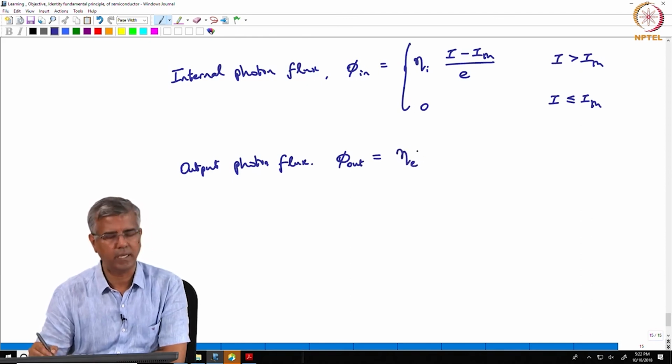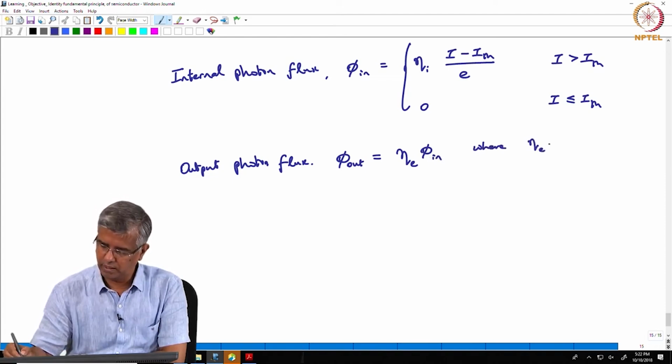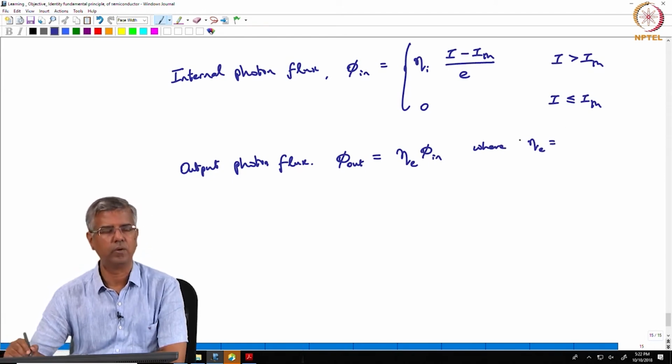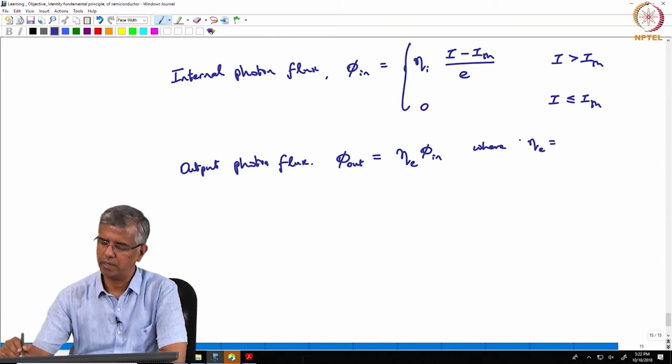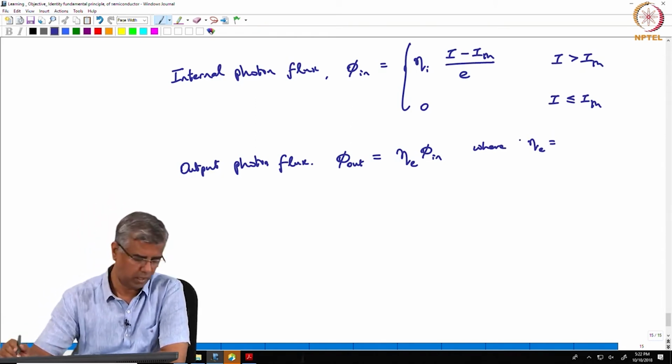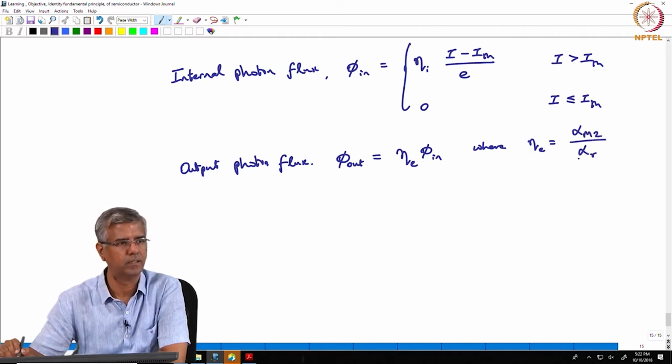We are calling that eta E times phi in, where eta E corresponds to, if you are looking at the power coming out of mirror R, mirror 2, then that is alpha M2 divided by alpha R, right.